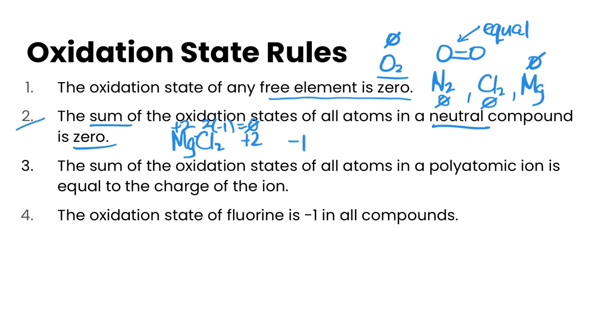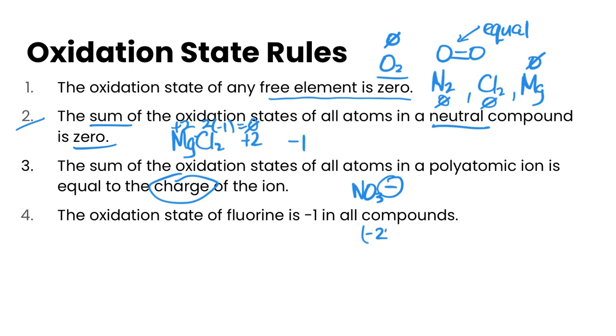Our third rule says the sum of the oxidation states of all atoms in a polyatomic ion is equal to the charge of the ion. So if we had, for example, a nitrate ion, then the sum of the oxidation states here would equal the charge, which is -1. Now, oxygen, it's always going to gain 2 electrons, so it's going to be -2.